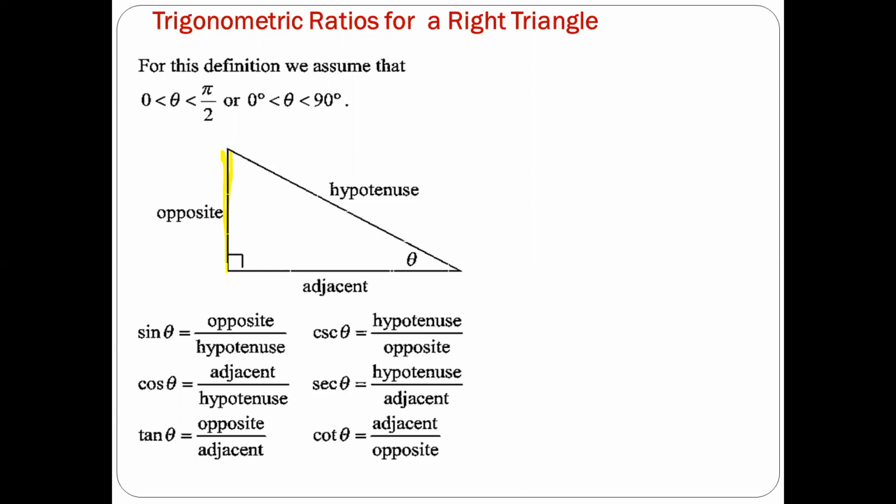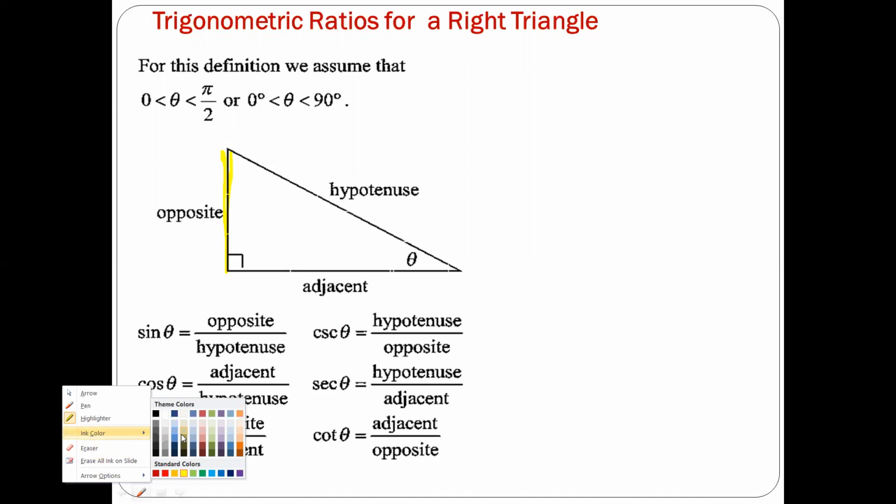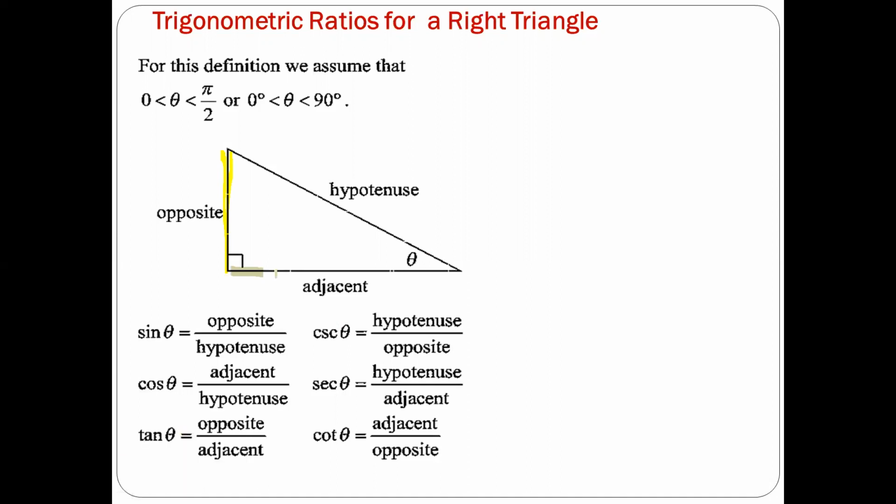The side that is nearest to theta, we call it adjacent. So this one we call the adjacent side. But the longest side in the triangle, we call it the hypotenuse.